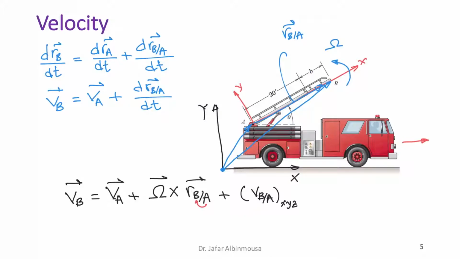This one represents the velocity of B with respect to A, but this velocity is only measured with respect to the small coordinate system. And if you think about it, since the coordinate system always rotates with the body, this velocity is actually only translation, because it's point B as it moves with respect to A.